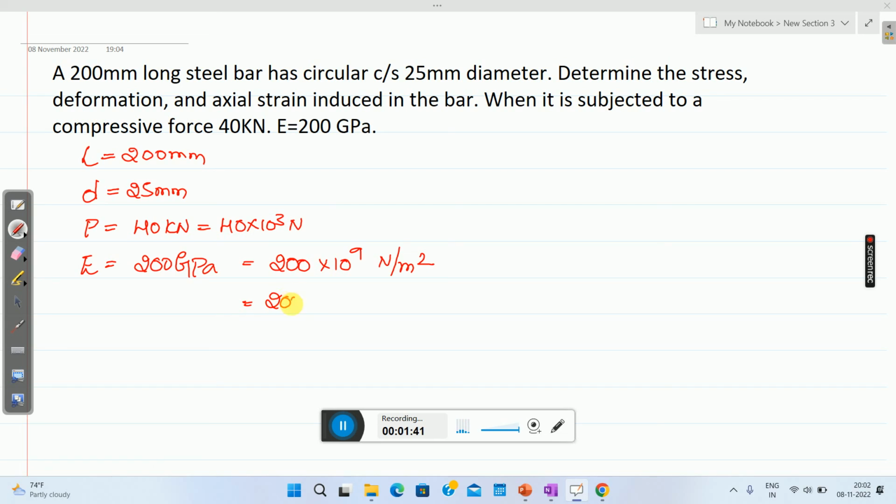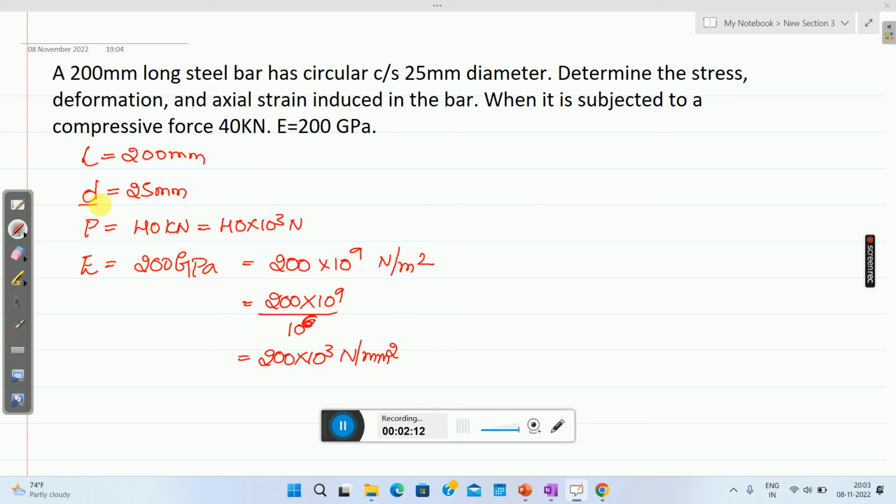To convert meter square to millimeter square, we have to divide it by 10 raised to 6. So in the numerator you have 10 raised to 9, in denominator you have 10 raised to 6. So it will be 200 into 10 raised to 3 Newton per millimeter square.